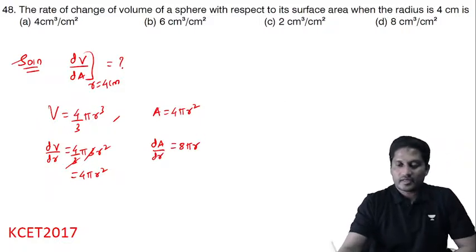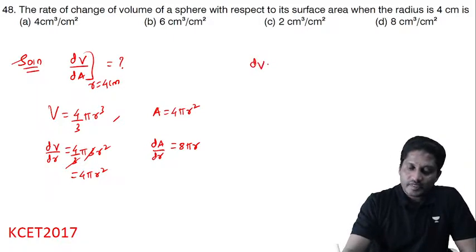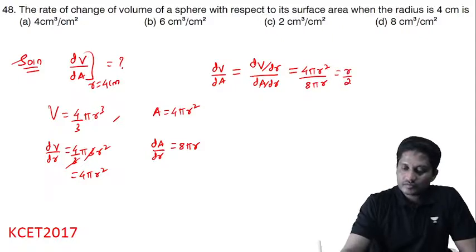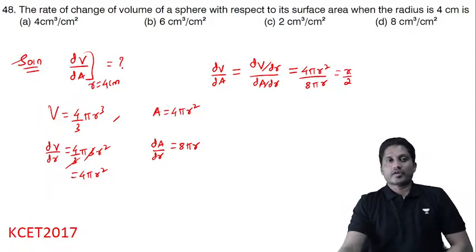Right, now if I divide dV by dr divided by dA by dr, it is same as dV by dA, right? Both are same. If I divide this, dV by dr is 4 pi r square, and this is 8 pi r. We'll get this as r by 2. It is given in the question, radius is 4, right?